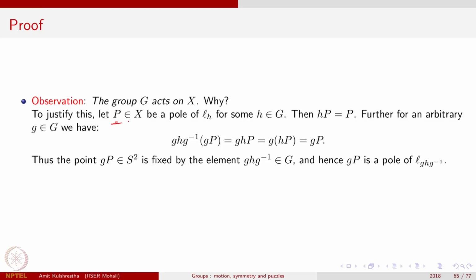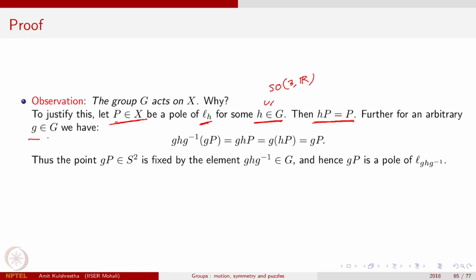So I take some element which is a pole, and a pole for some axis for some H. So H is eventually an element of SO3, and for that SO3 element H I have an axis and then I have a pole. So what is clear is that H, this rotation, does not move this pole. That's correct. If I am rotating like this, then the north pole and south pole don't move. So HP is P.